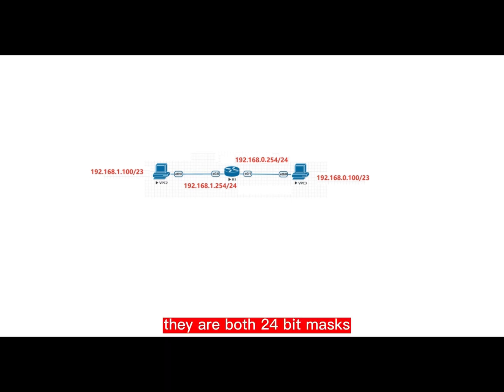They are both 24-bit masks. This is the respective gateway representing the PC. But we don't configure the gateway on the PCs for now. If we access across network segments, in fact, the gateway is to be configured.